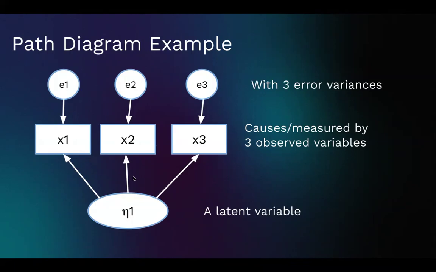At the top of the diagram, we have three error variables, E1, E2, and E3. Those are the errors for each of the equations that eta 1 is creating. Imagine that the arrow from eta 1 to x1 is some function. Whatever the value of eta 1 is, we can compute the value of x1.